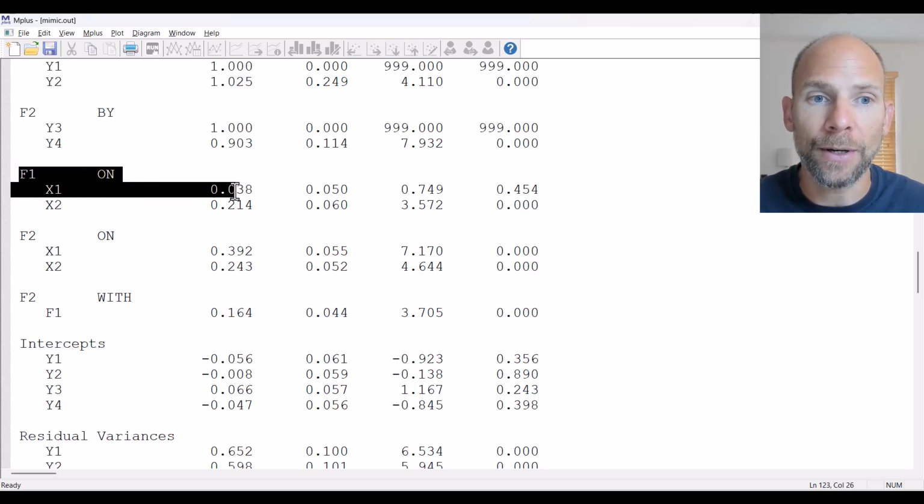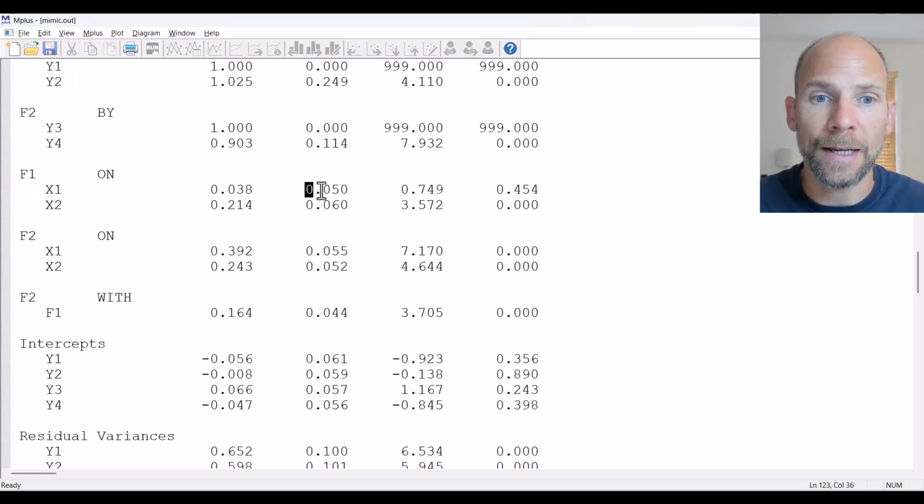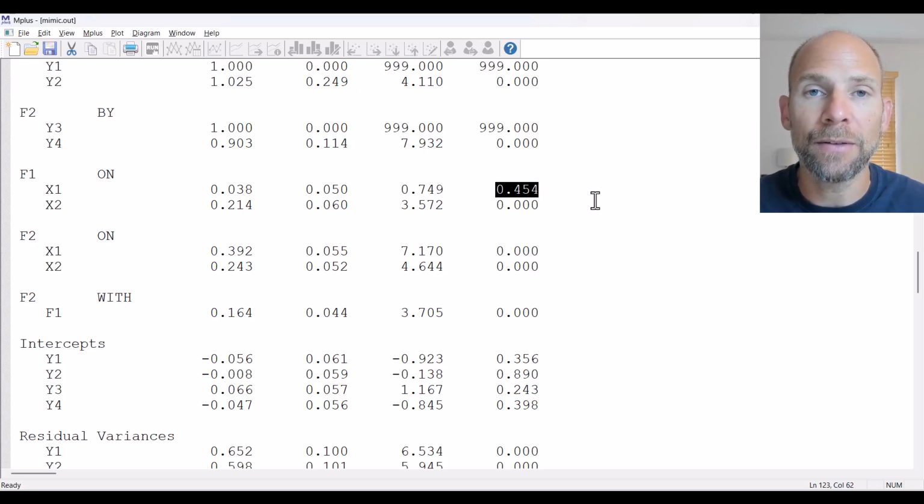F1 regressed on X1 has a coefficient of 0.038, so that's our path coefficient or B coefficient in the regression analysis. You can see this coefficient has a standard error of 0.05, so this is a large standard error relative to the estimate, so therefore the test statistic here, which is a z-statistic, is small and the associated p-value is greater than 0.05, indicating that this coefficient is not statistically significant.